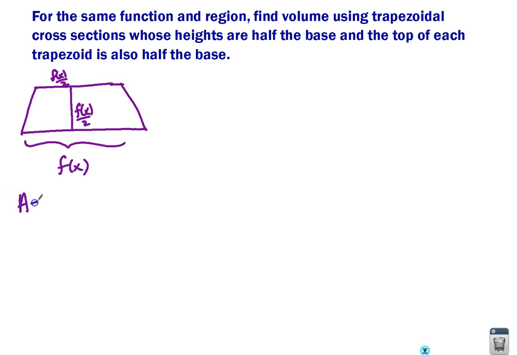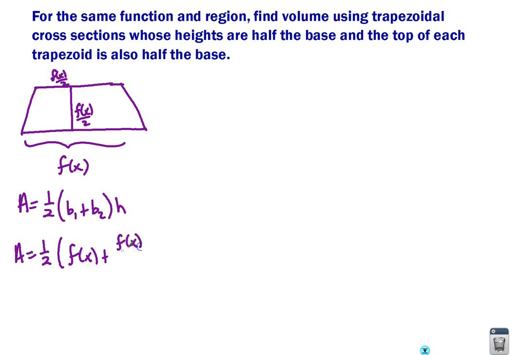The area of a trapezoid in general is 1/2 base 1 plus base 2 times your height. So let's plug in the things that we know here. In this case, 1/2 base 1, I'll go with the bottom base, so f of x, plus base 2, the top one, f of x over 2, times your height, f of x over 2. Ooh, that's a mouthful.